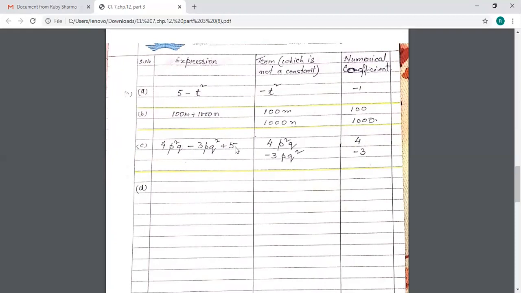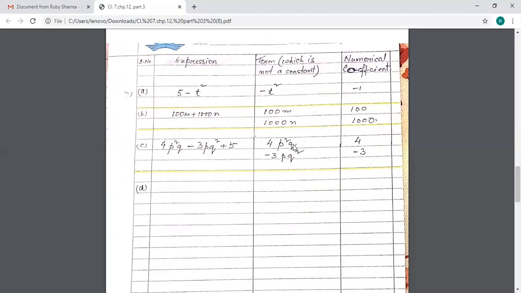And here we have three terms. So we write 4p square q and minus 3pq square. We don't write 5 because it is a constant. And the question is, we do not want a constant here. We want only the numerical coefficient of the algebraic factors.